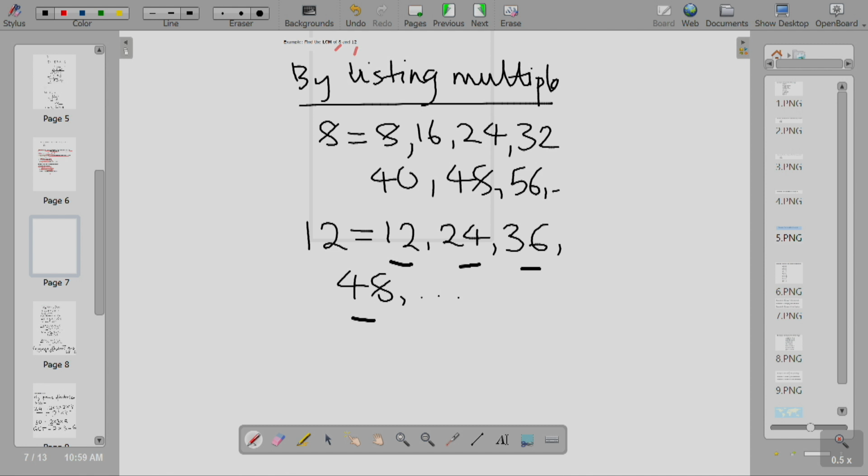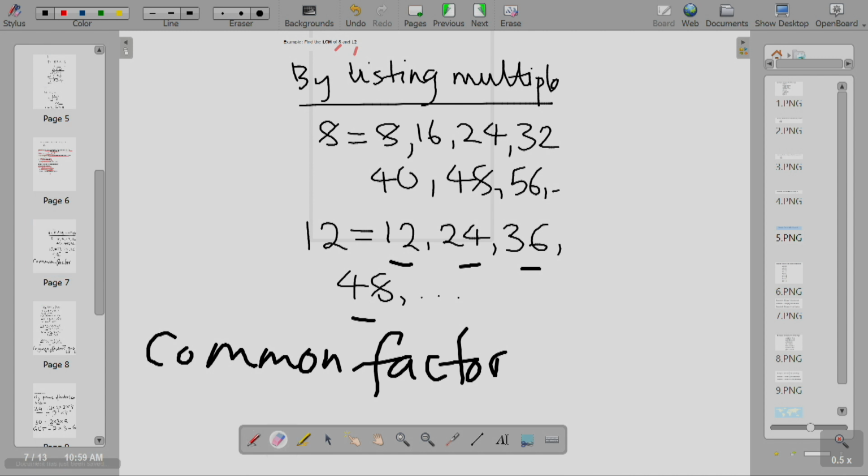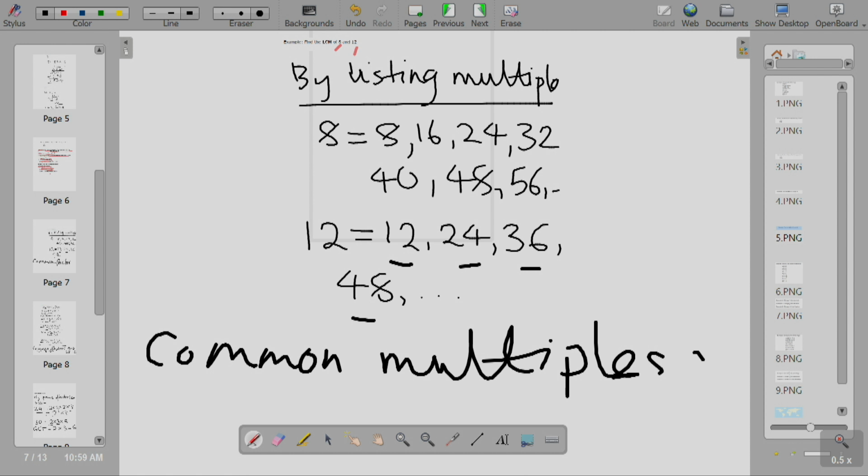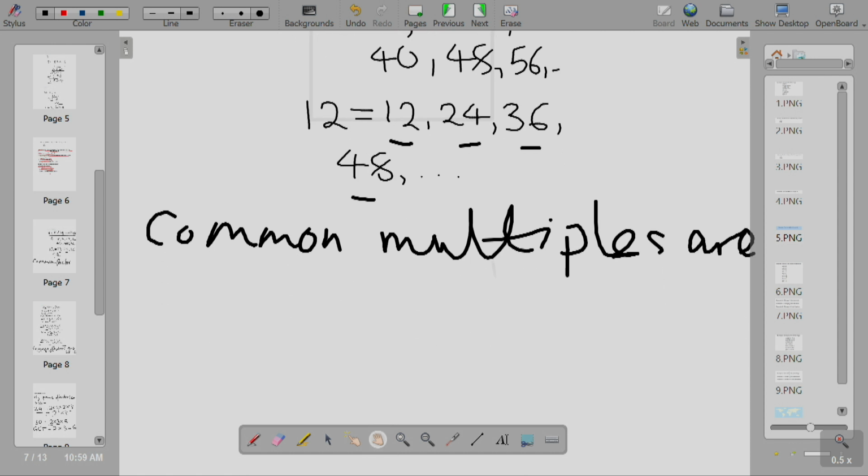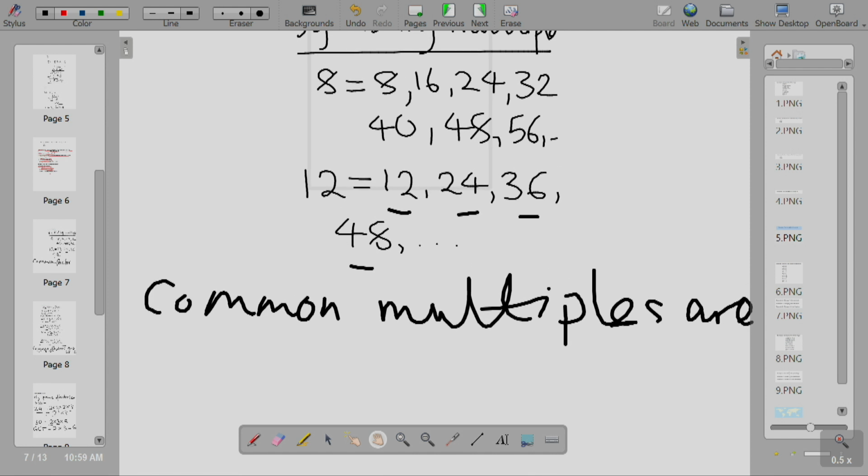So the common multiples between these two numbers, 8 and 12, not common factors, sorry, common multiples, as you see yourself: 24 appeared in the multiples of 8 and also in the multiples of 12. Another one, 48, also appeared in both. So the common multiples between 8 and 12 are 24 and 48.